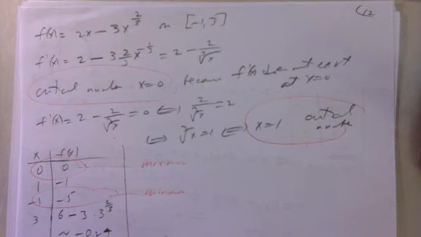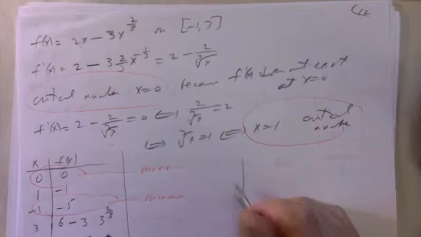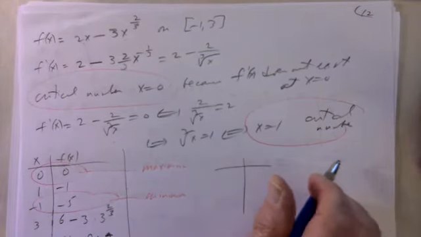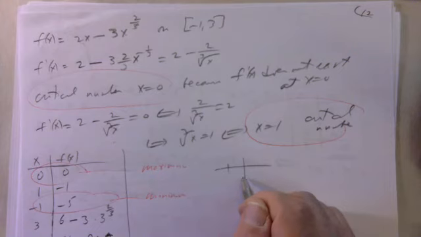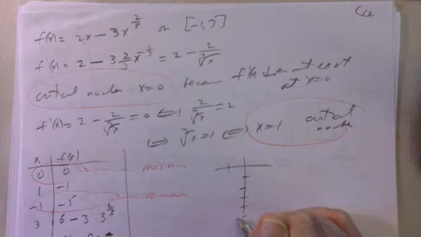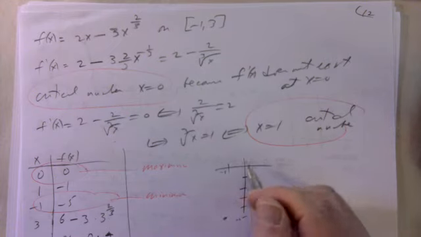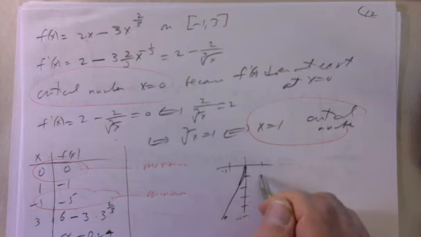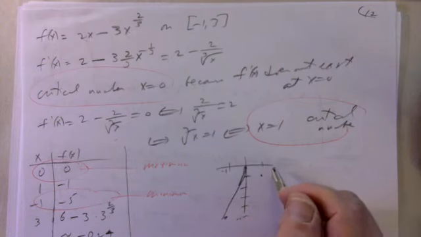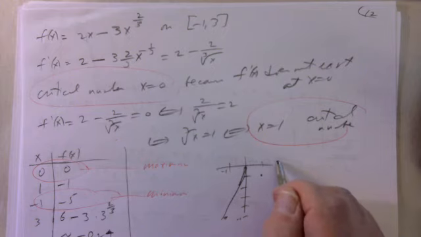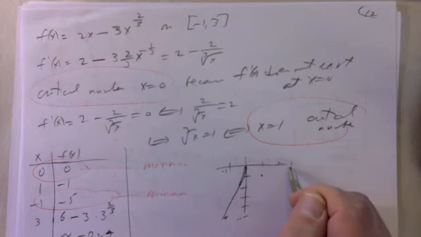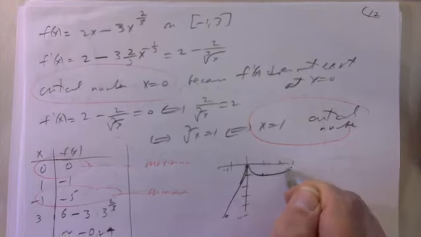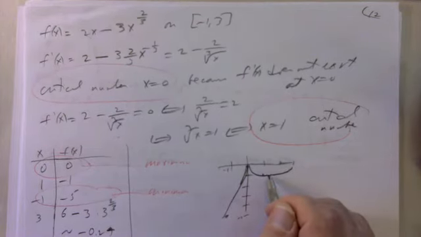And if you use Maple to graph this function, you will see that the graph of this function at -1 is -5. It goes up to 0. At 1, it's -1. And at 3, it's -0.2. It's something like that.